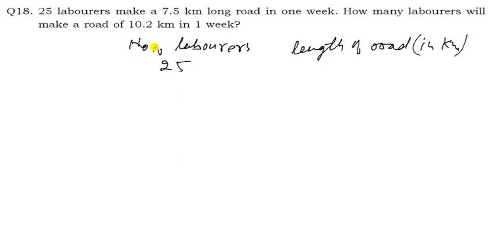Number of labor is 25, and it is 7.5 kilometer. How many labors? Let it be x labor, and that is 10.2 kilometer.